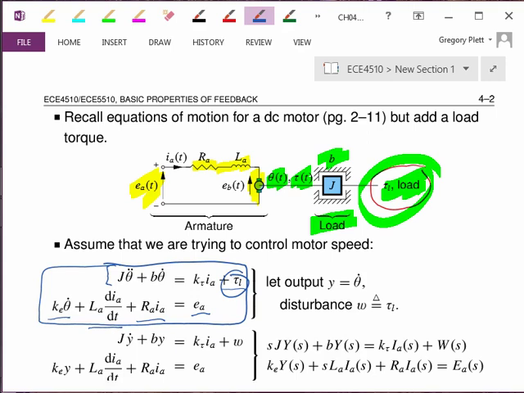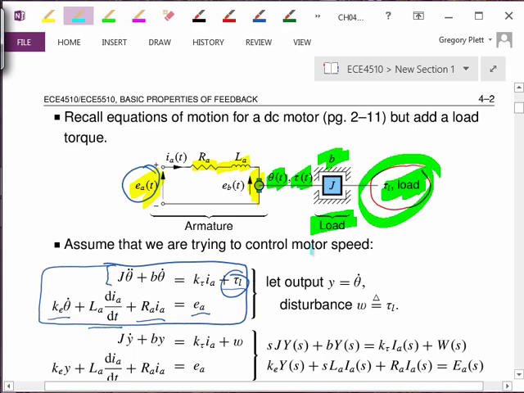Now we've seen the Laplace transform in Chapter 3, and now we're prepared to manipulate these to find a transfer function of this system from the input EA of t to some desired output. The desired output could be motor speed, could be motor position, but we're going to choose motor speed to be our desired output.